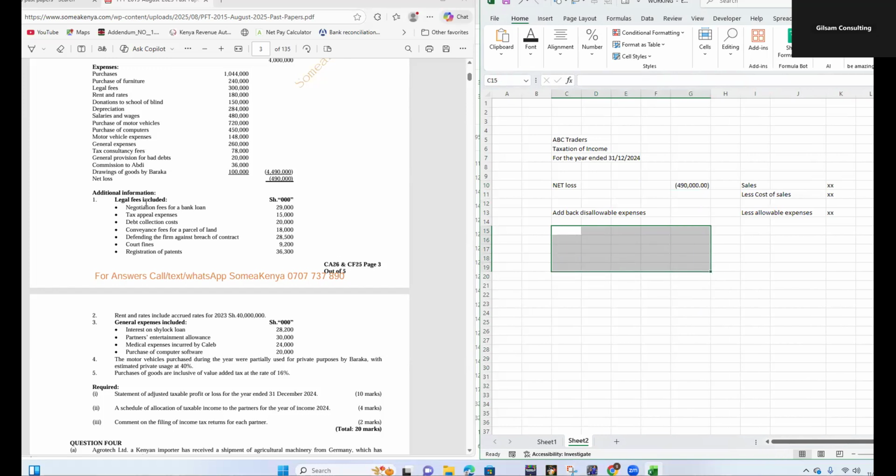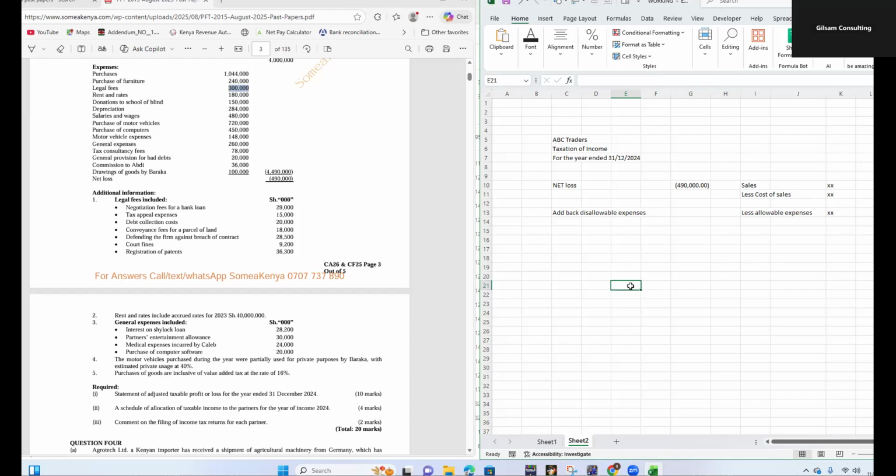So let's see the breakdown of the legal fee of 300,000 here. Let me ask: how do I identify allowable and disallowable? Disallowable are expenses which are not relating to the business, not relating to the income you generate from the business.